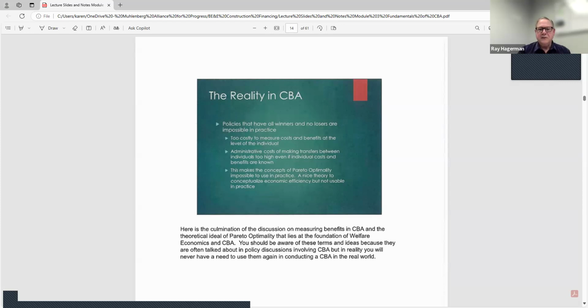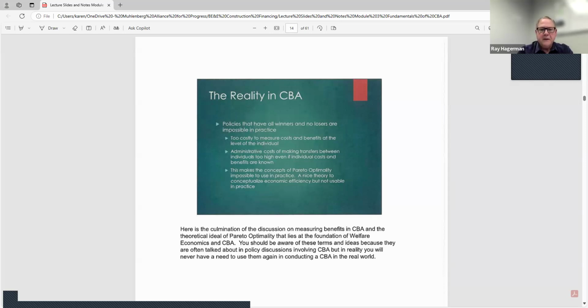So what we're seeking to do in CBA is, if at all possible, minimize the number of losers. But sometimes that simply means asking whether there is so much net benefit to society that it overcomes the net cost to society, and in that case we choose to do it.